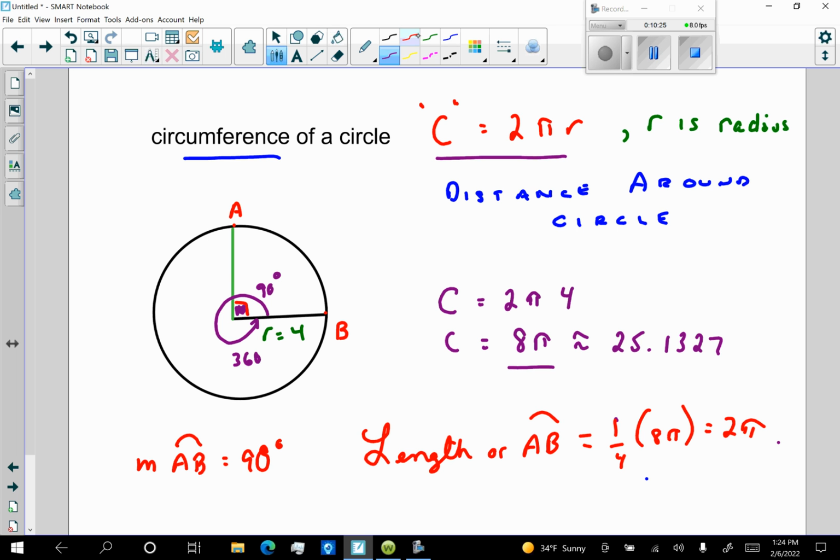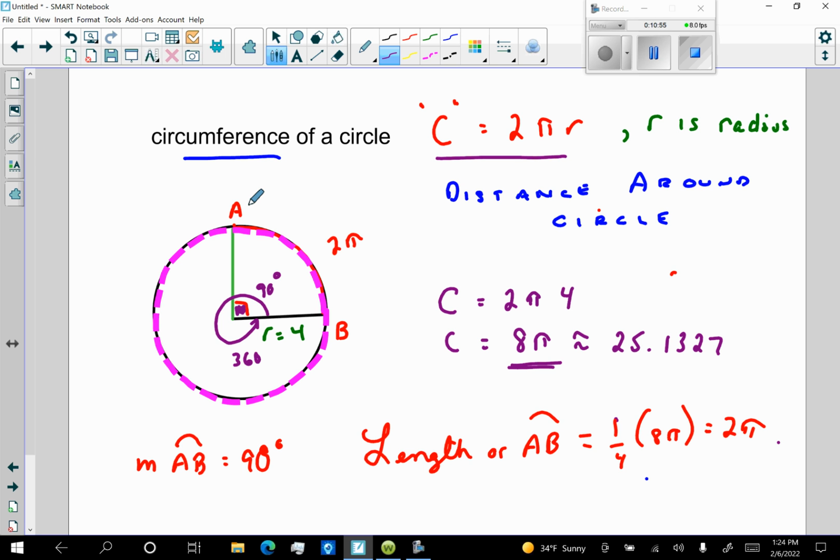What does that mean? That means this distance here is 2 pi. We know the distance all the way around the circle was 8 pi. So if I only go 1/4, that distance is going to be 2 pi.